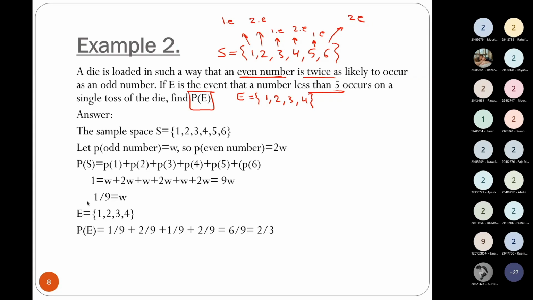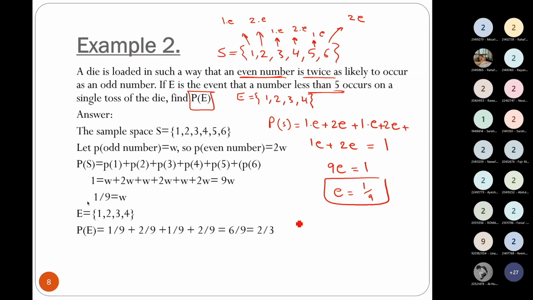If we sum all the events, the probability of S equals 1. 1E plus 2E plus 1E plus 2E plus 1E plus 2E, all of these equal 1. We have 9E equal to 1. So E equals 1 over 9.